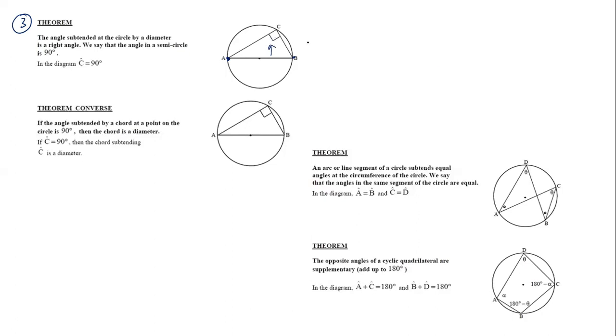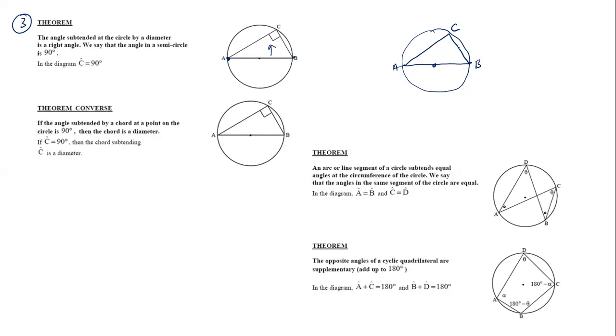But this angle over here, okay, let me do this so that you can understand, because already it's 90. I don't want you to understand it like that. So let's say we have a diameter, and then you have the center of the circle, and the diameter is AB. And then we have chord AC. We have chord CB, and they make a triangle. So now look, here's your diameter. This diameter subtends which angle?